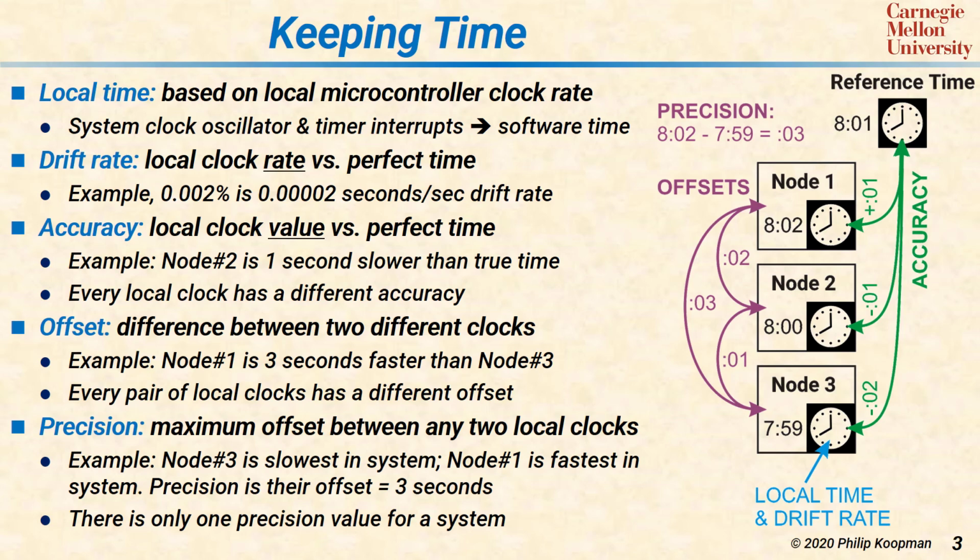There's only one precision value for a system because it's a global across the system kind of number, whereas every pair has an offset. The notions of precision and accuracy are decoupled. Again, precision has to do with whether or not all the clocks in a particular embedded system agree with each other, and accuracy has to do with whether that agreed upon value is actually representative of actual universal notional perfect time.